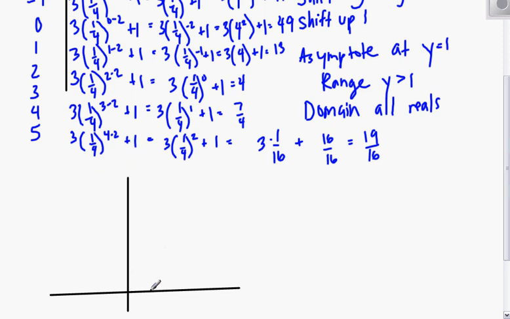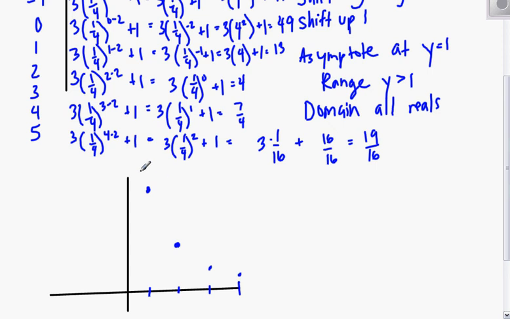And then 1 is at 13, so we'll put that up here. And 2 is at 4. 3 is at 7/4, which is going to be here. 4 is at 19/16. It's going to be here.